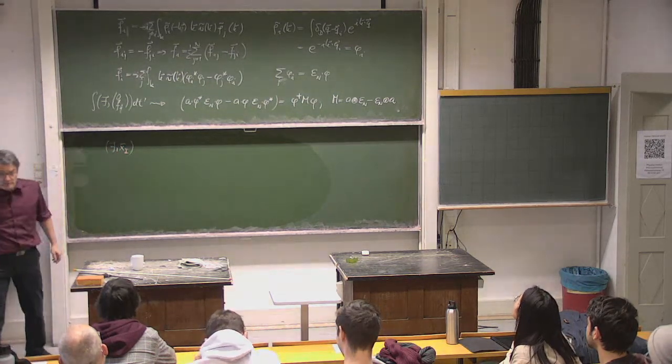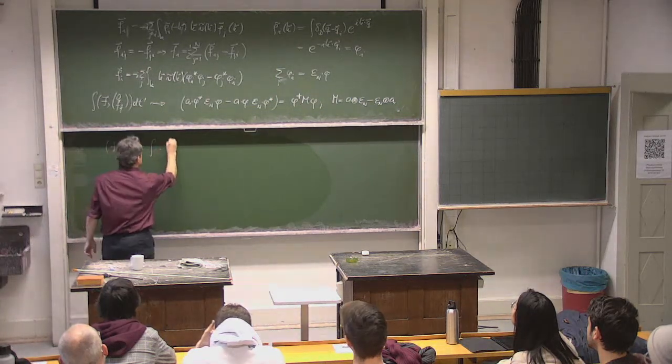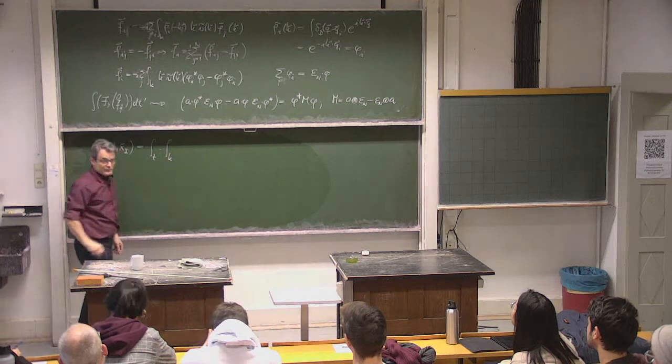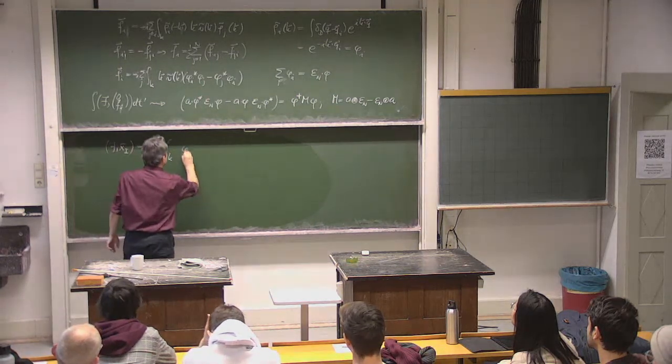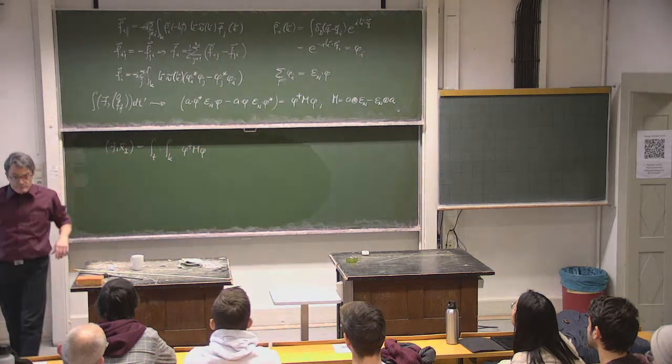I can write this scalar product here as some time integrals, some k integrals of phi dagger m phi, with m this matrix over there.